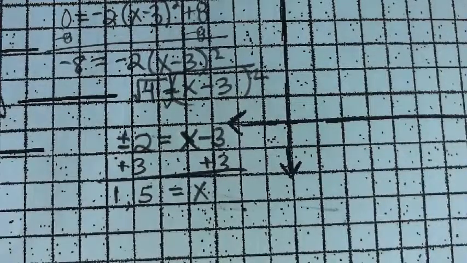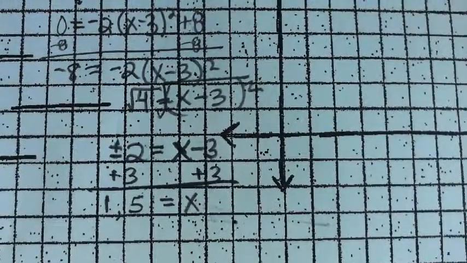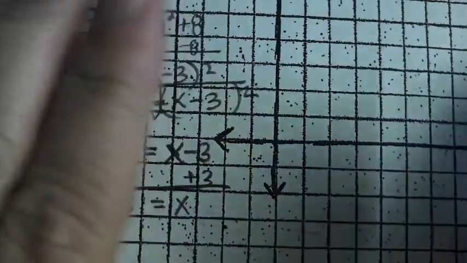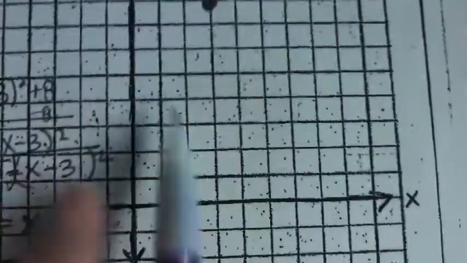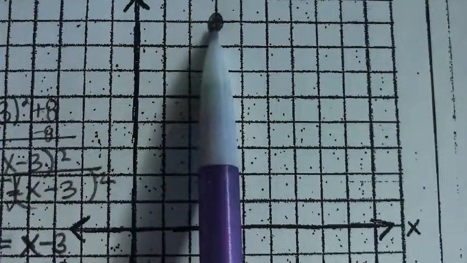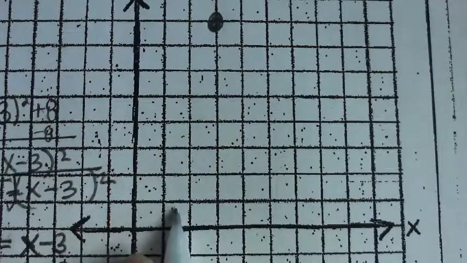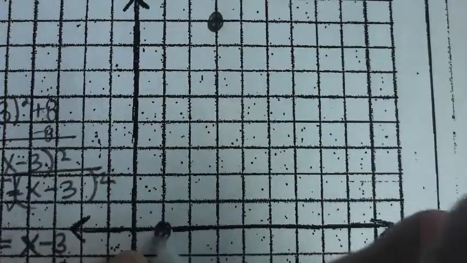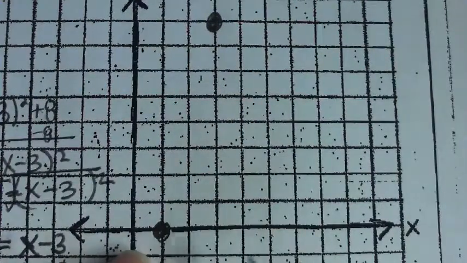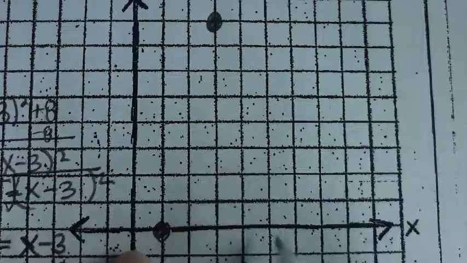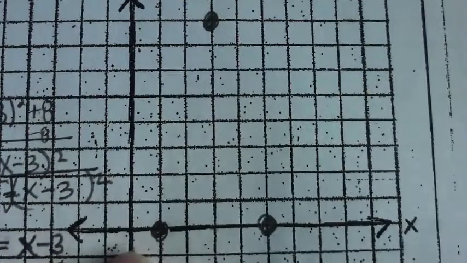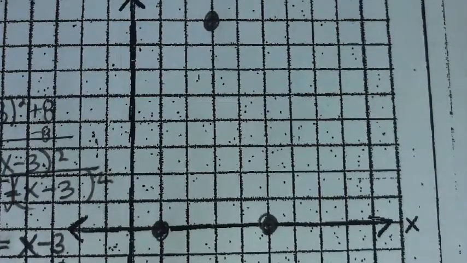So my x-intercepts are 1 and 5, which should always be equidistant from the vertex. So an x-coordinate of 1 would be 2 units to the left. So there's my x-intercept, 2 units to the left, and 5 is 2 units to the right. So there's that symmetry that exists surrounding the vertex.